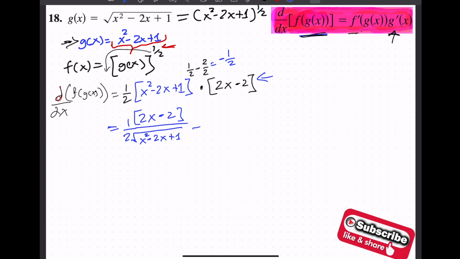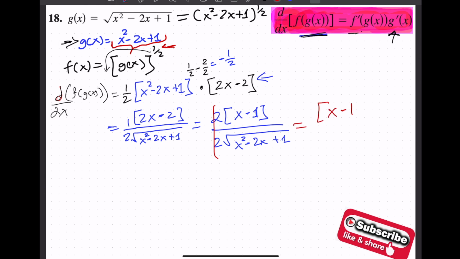Or I can simplify this further by factoring out a 2. So I get 2 times x minus 1 all over 2 times the square root of x squared minus 2x plus 1. Now we can cross out the 2's, and that is our final solution: x minus 1 over the square root of x squared minus 2x plus 1.